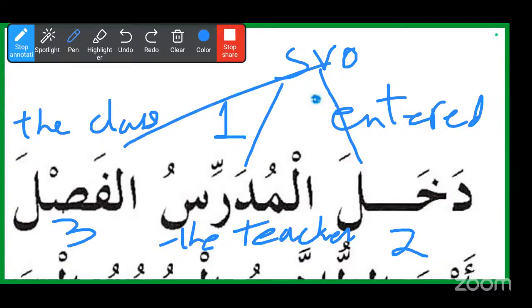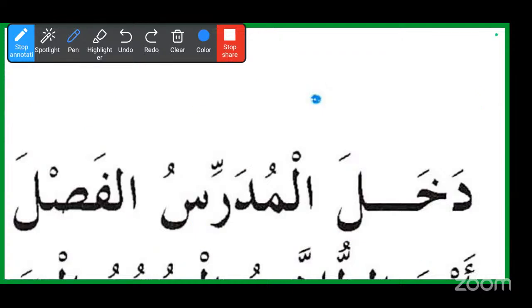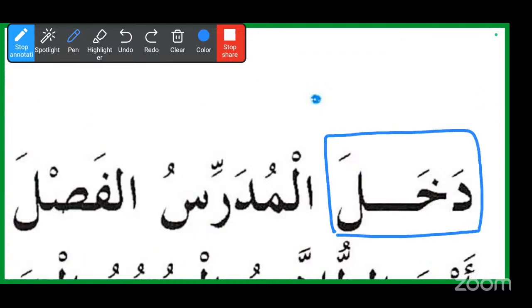The second point, take the screenshot so we can move on. How do you recognize dakhala is a fi'l? Al-mudarrisu has the dhamma, which implies that it is marfu', and kullu fa'ilin marfu', so this is the fa'il. And then al-fasla is the maf'ul, because it is mansub, because it has the sign fatha on it.